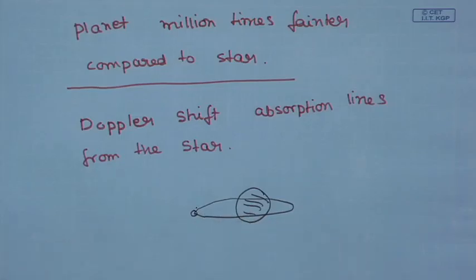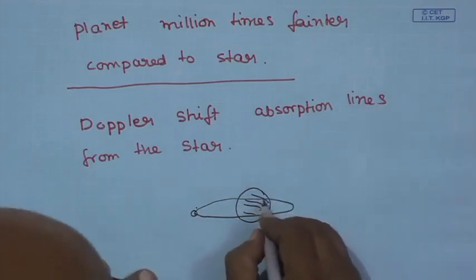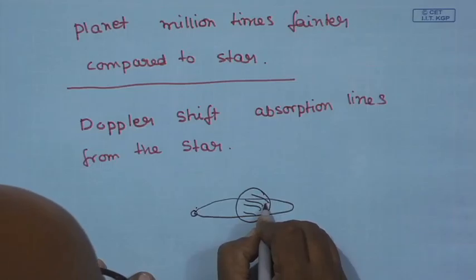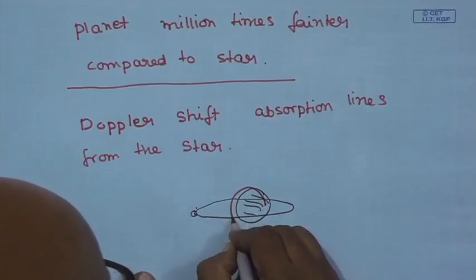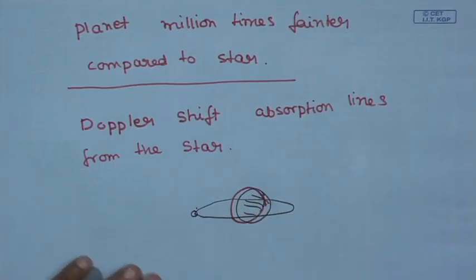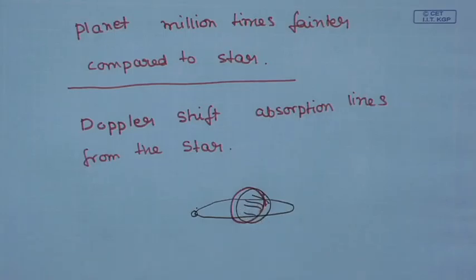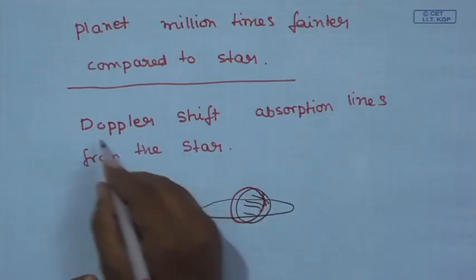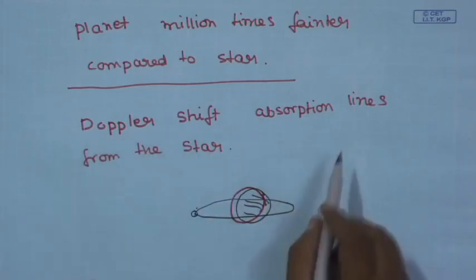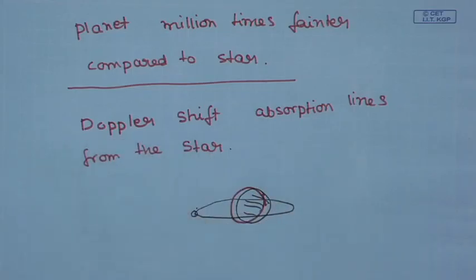So, the star also wobbles back and forth. And this motion of the star around its center of mass gives rise to a Doppler shift in absorption lines from the star.